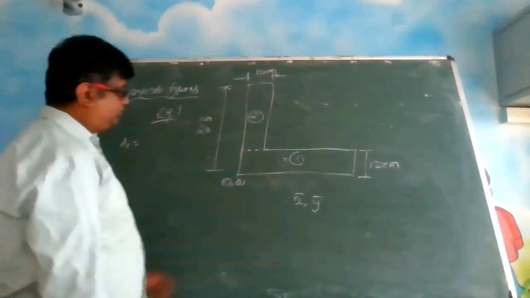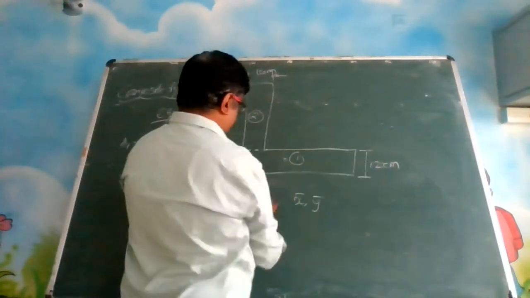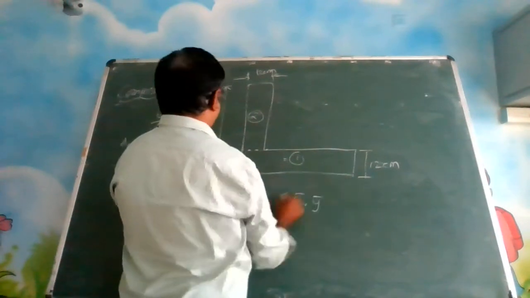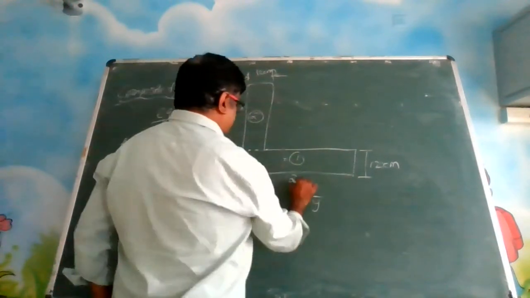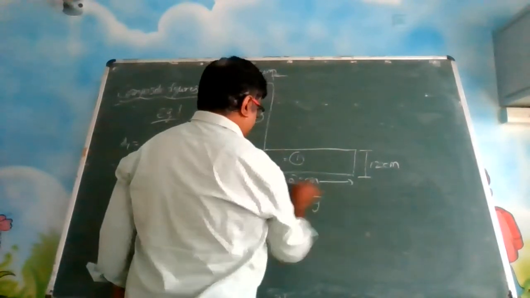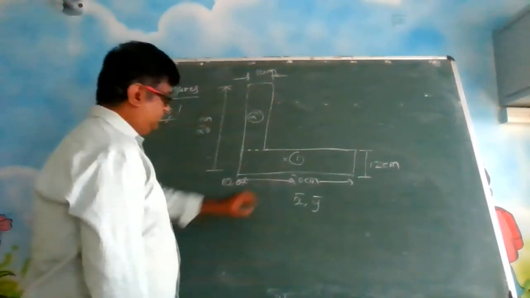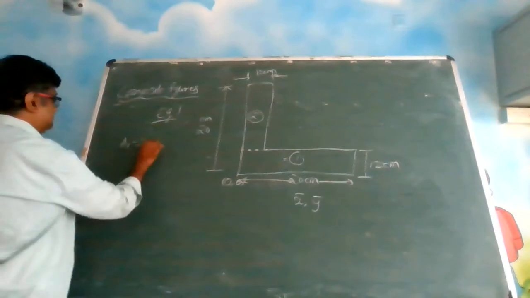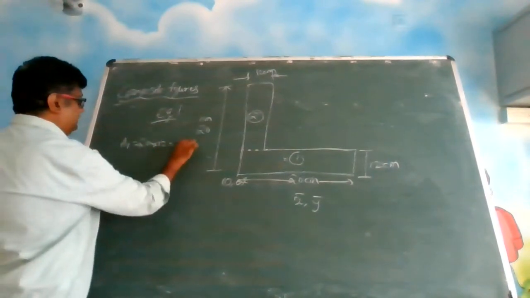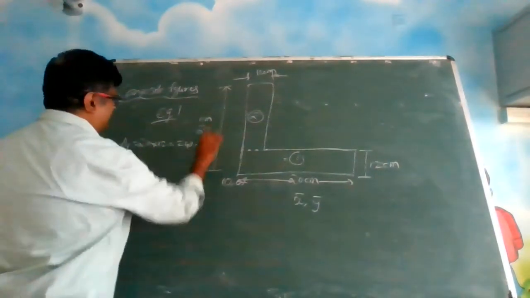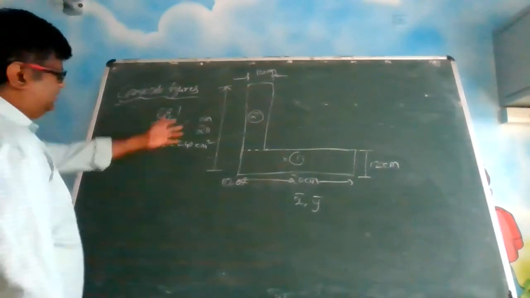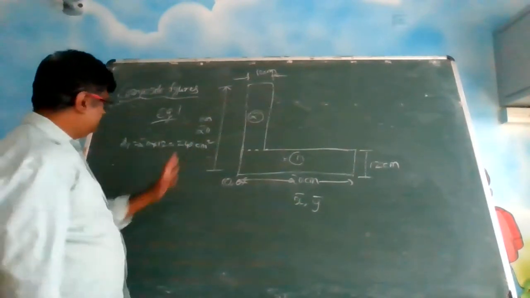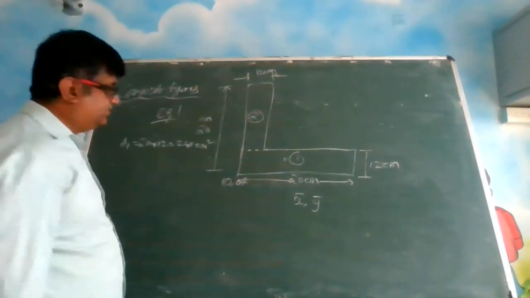What is A1? This piece. The length is 20, width 12. So what is the area? 20 into 12, 240 centimeters square. I am not going much into the units part. A1 is equal to 240 centimeters square.